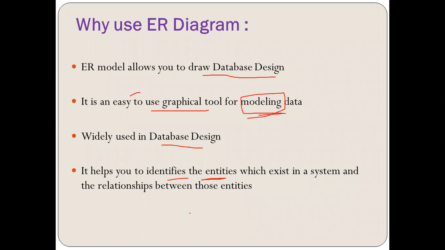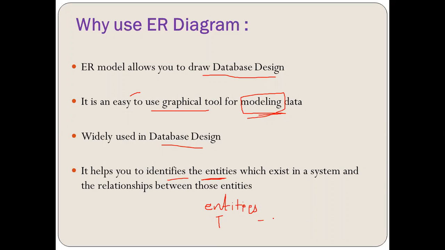So basically, when we are going to work with ER diagram, you will get to know what entities are. Entities are basically the tables we are going to talk about, right? Logically, when we define the entities, entities are the tables.